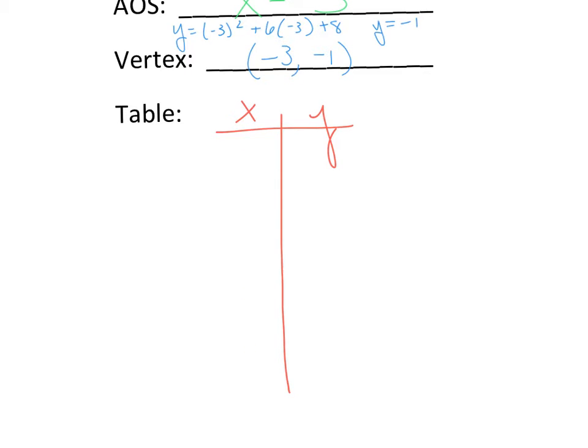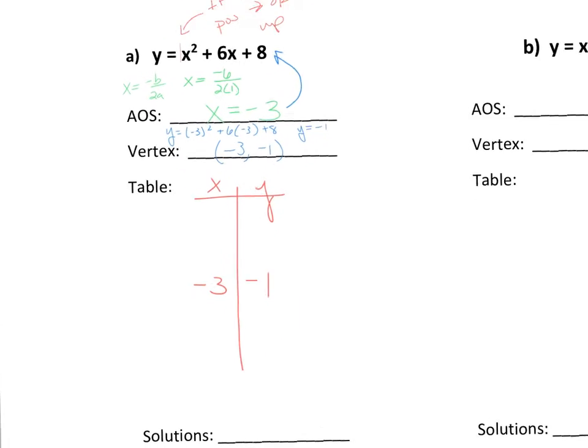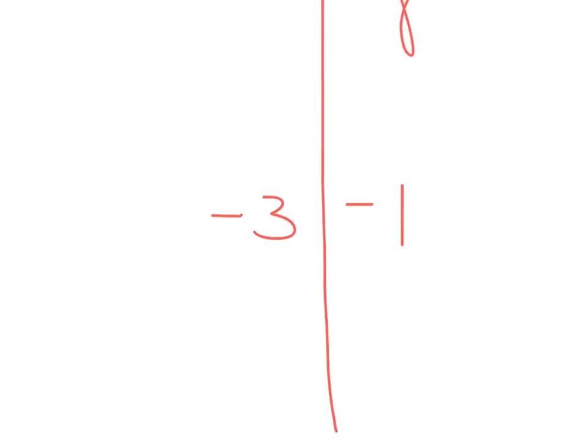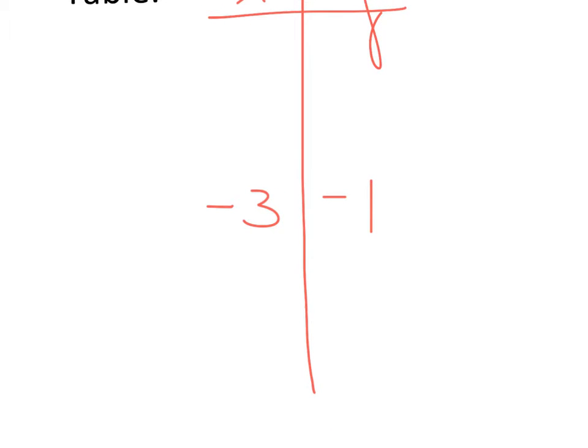So we're going to put -3, -1 here in our table because that's our coordinate point. Now, the rest of our numbers are dictated off of this. You're going to go 2 above and 2 below on either side of -3. So you're going to have a -4 and a -5 on one side, and -2 and a -1 on the other side. And it doesn't really matter if you want to put your -1 up here at top, that's fine.